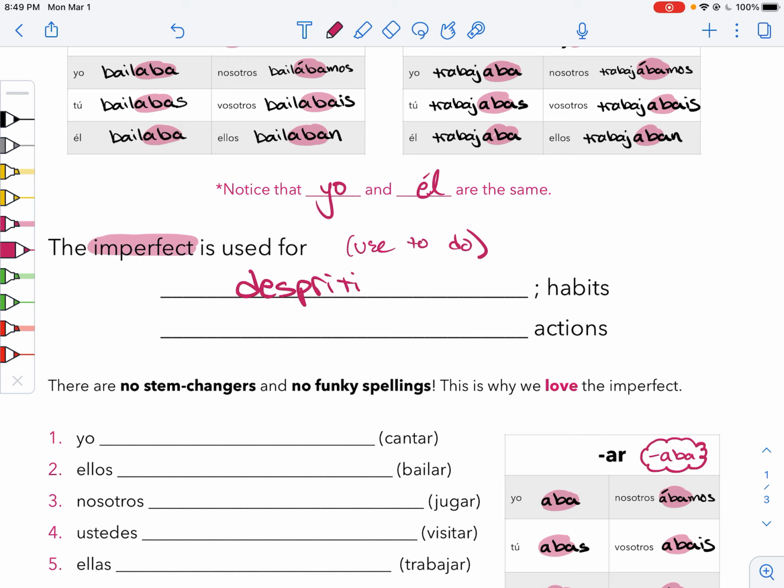Use them for descriptions, to describe what things were like. Use them for habits, what people used to do. But also for ongoing actions, especially if something was going on when it got interrupted. Like I was working when somebody called me. Same thing as I used to work. Okay, imperfect, used to do something.